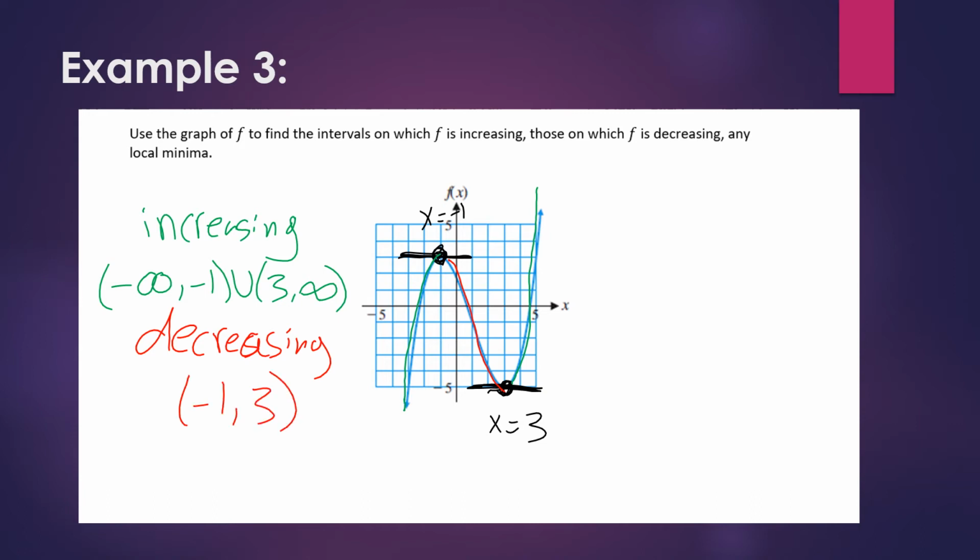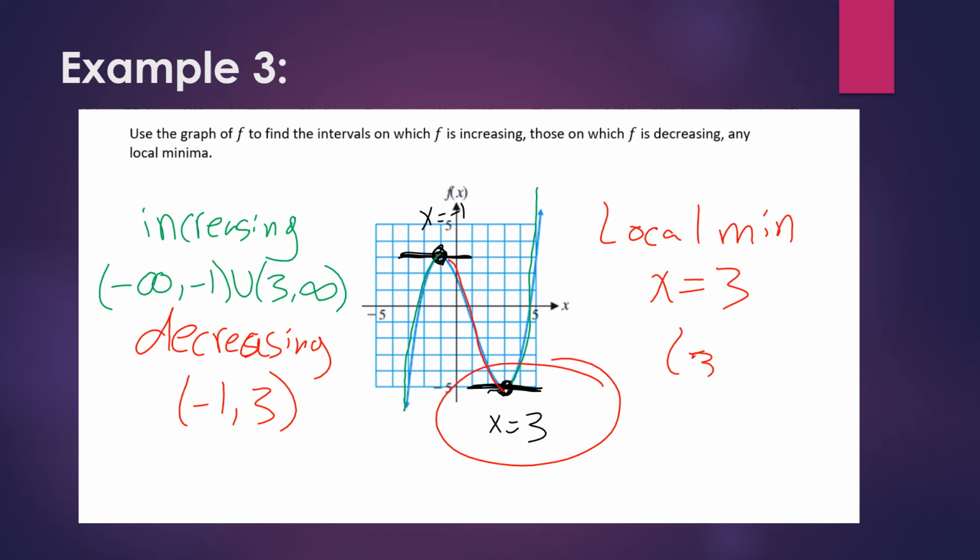And then they ask for the local minima. Well, the local min is right here at x equals 3. The local min is at x equals 3. And if they wanted a y coordinate, we could actually just count that on this graph. It would be at (3, -5).